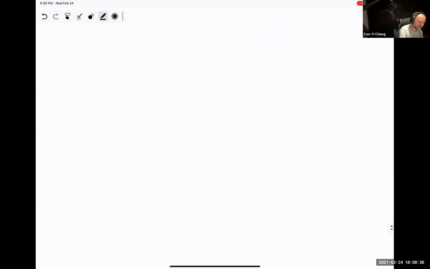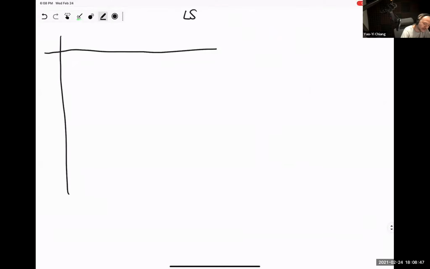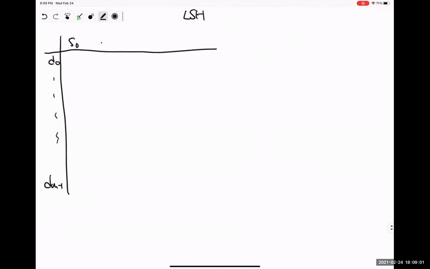Okay, so how do we do that? We say we want to just generate samples. So here comes the LSH. This might be a little bit confusing, so just bear with me. If you have any questions, just ask. D0 to D1 million minus 1 again, and you have signatures from S0 to S1000 minus 1.